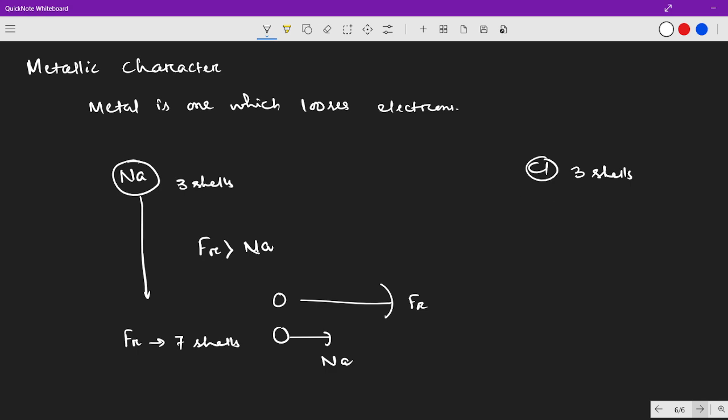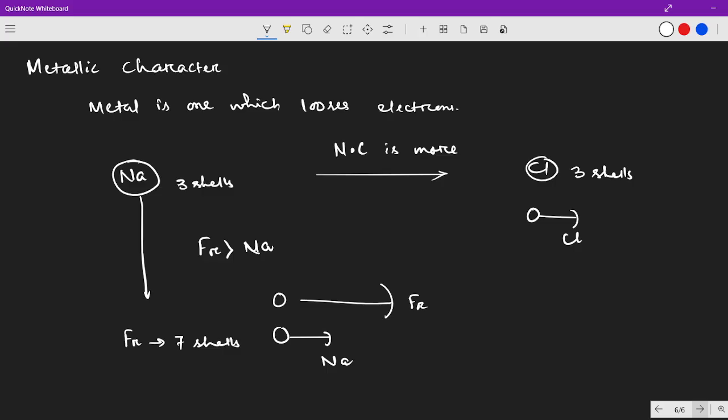And for chlorine, the cells remain the same, but the number of electrons is more. Hence, the nuclear charge is more in this direction. Nuclear charge is more, so the size is also less. So the distance between the last cell and the nucleus is very less, and the force of attraction is much more.